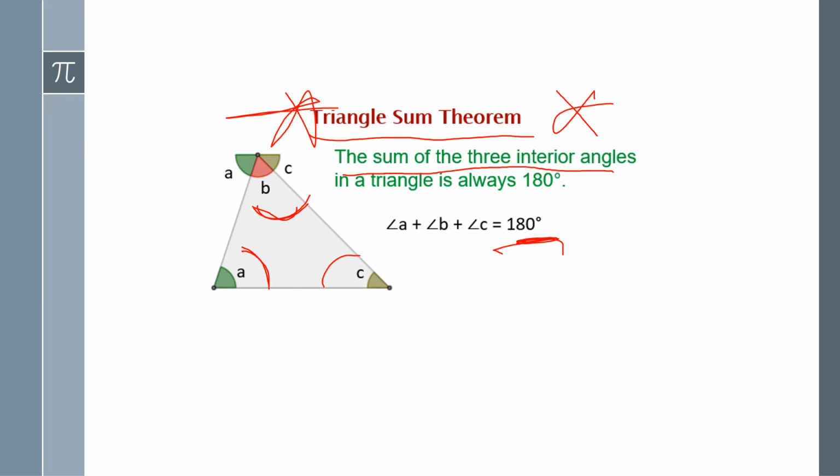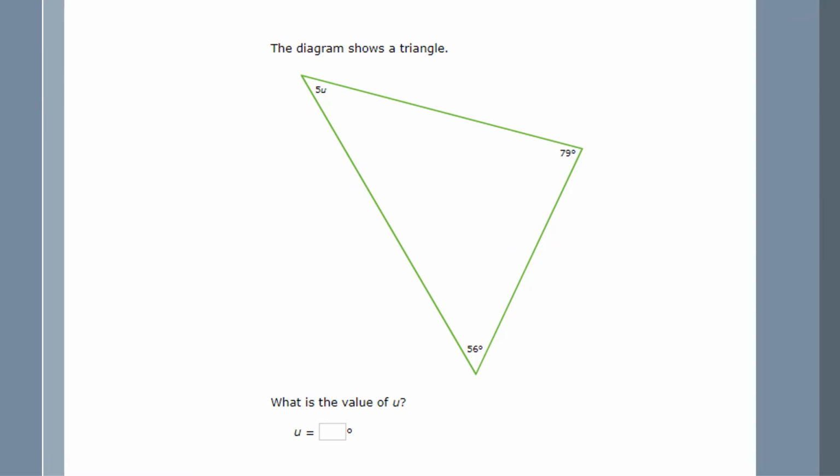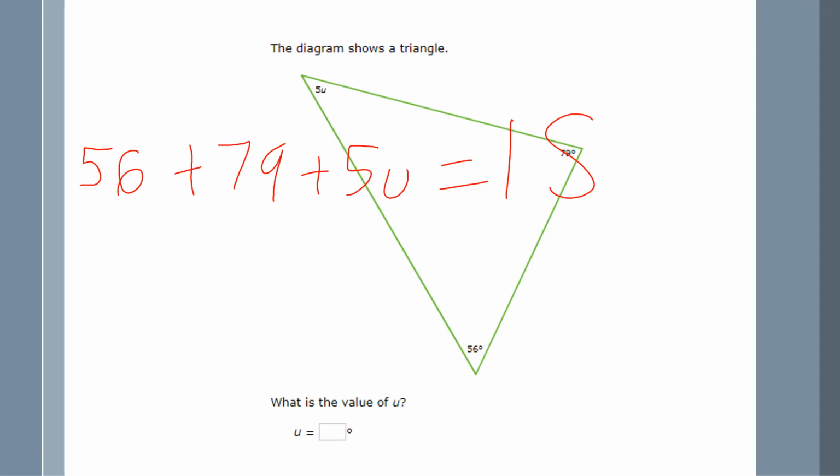Moving on. Alright, so here's an example of us using the triangle theorem. Because again, all the interior angles have to equal 180. So you set this up like an equation. So 56 plus 79 plus 5u, and again, because of what it tells us, it has to equal 180.